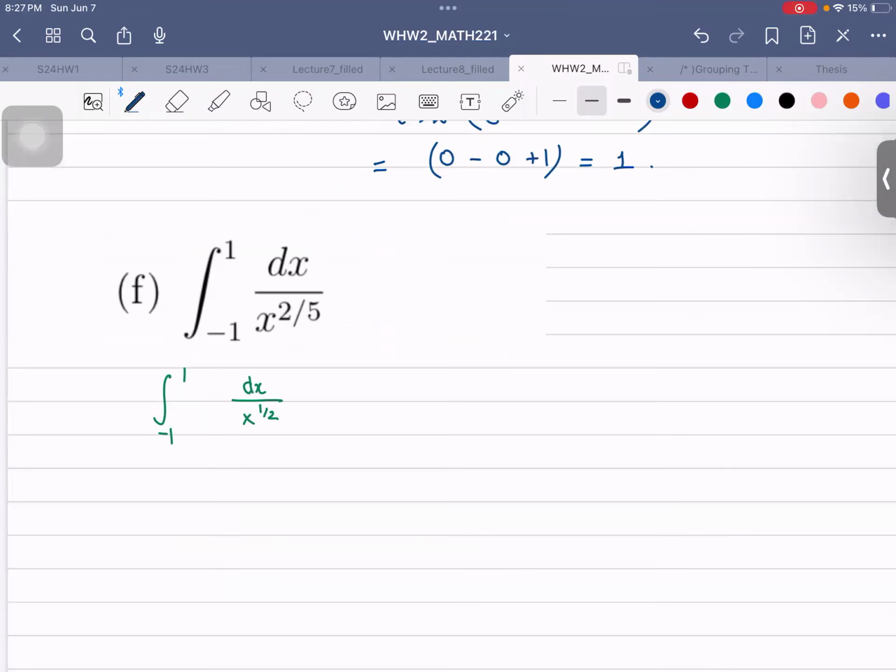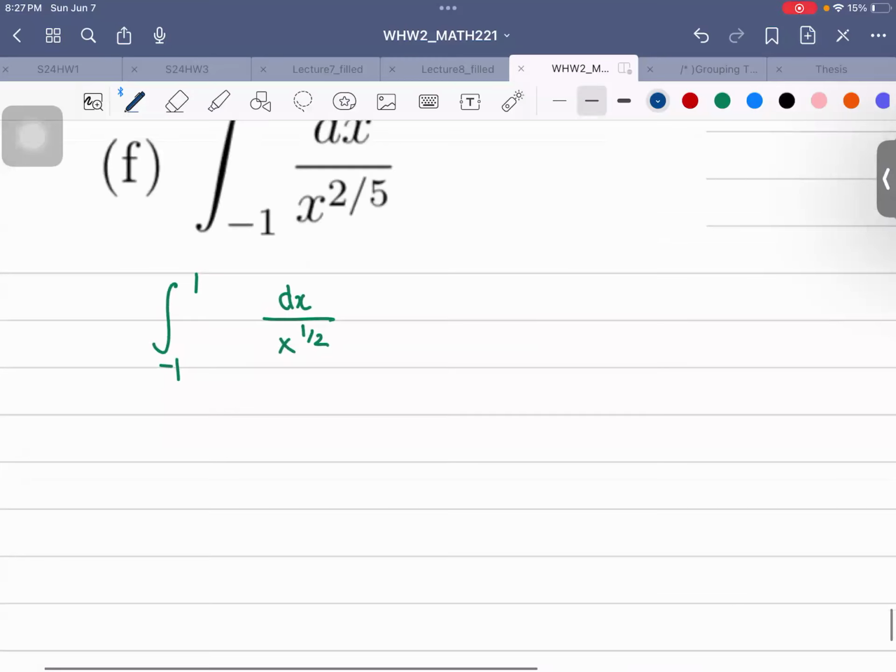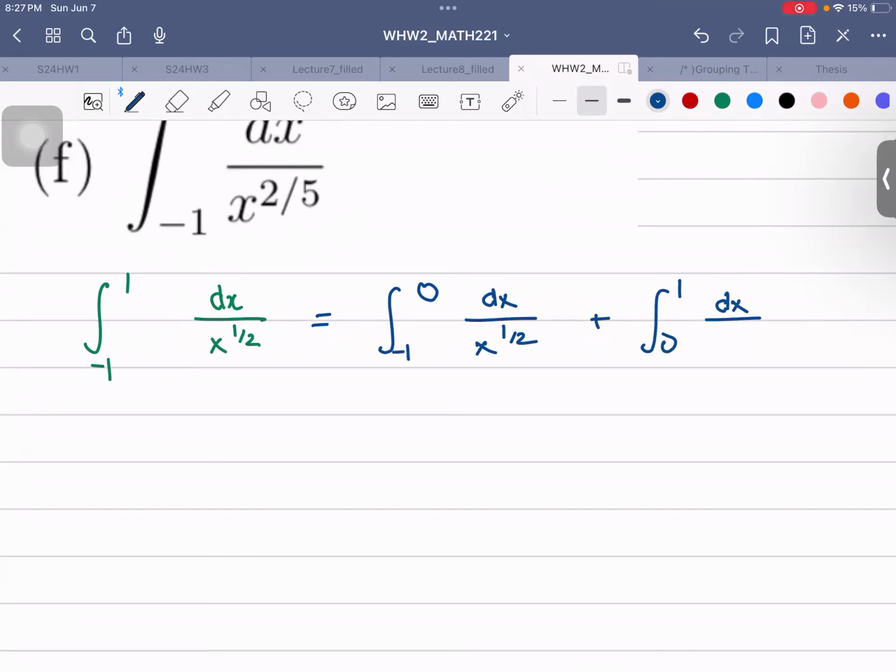Let's go into this one. Over here, when you plug in the upper bound and the lower bound, you don't see any problem. But actually, this function has a vertical asymptote at 0. Therefore, you have to split the integral at 0: the integral from negative 1 to 0 of dx over x to the 1 half, plus the integral from 0 to 1 of dx over x to the 1 half. You're going to replace the problem point by the variable t.